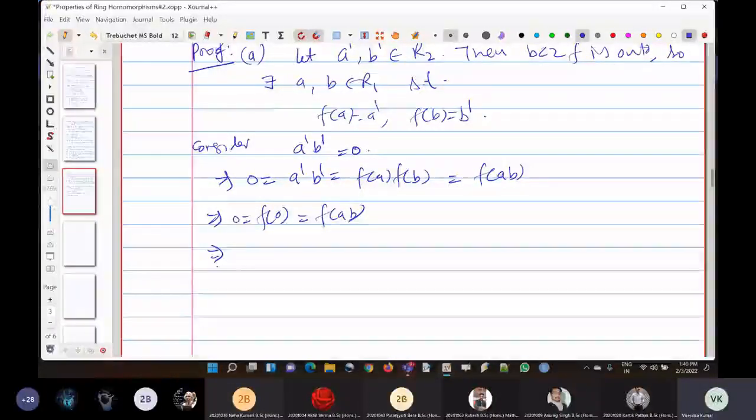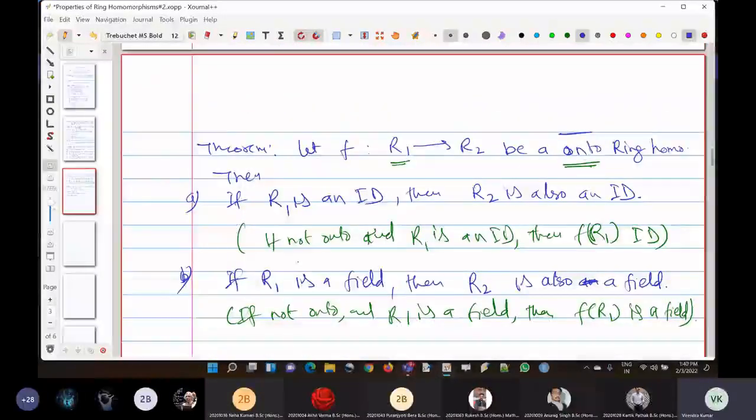And then now, I meant to say that 0 is mapped onto 0, and also one more thing. I think I have written here homomorphism, but here I should write onto ring isomorphism.